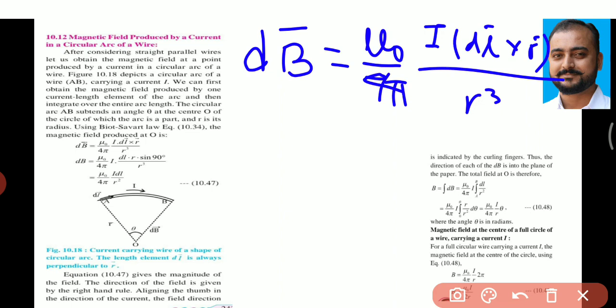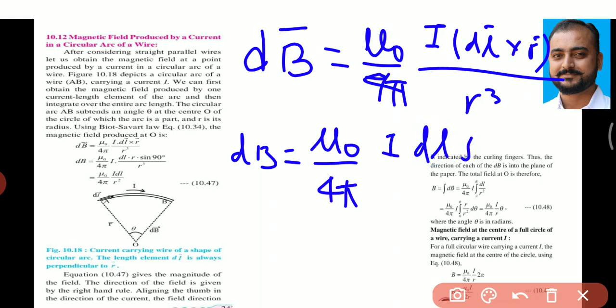That is the vector form, but in magnitude form, you can simply write dB equals mu 0 divided by 4 pi, I dl sine theta divided by r square.